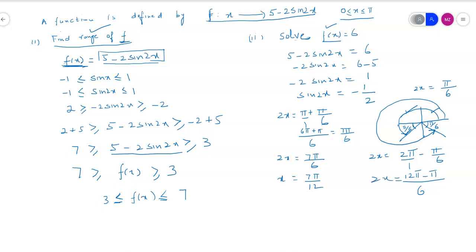So 2x is equal to 11 pi over 6, or x is equal to 11 pi over 12. So these are our two required angles.